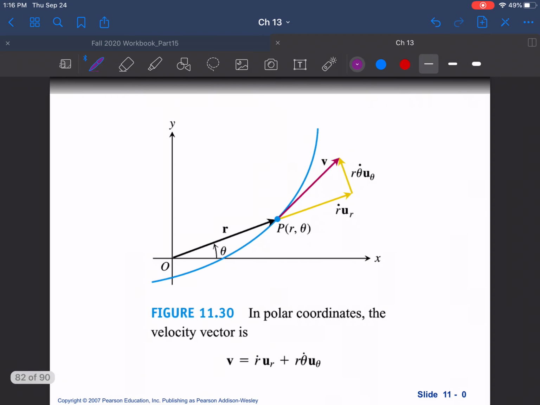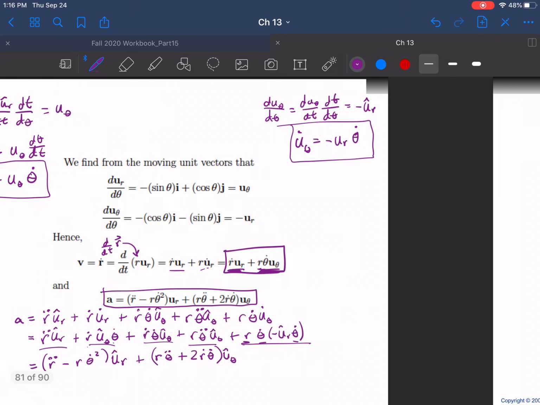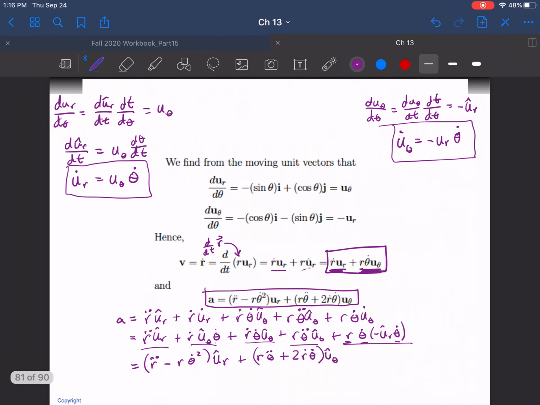All right, continuing on here, you can see a picture of it. We've got r dot ur right there, and then we have r theta dot u theta. So those are our equations for this from back over here, where we had the r dot ur right there.